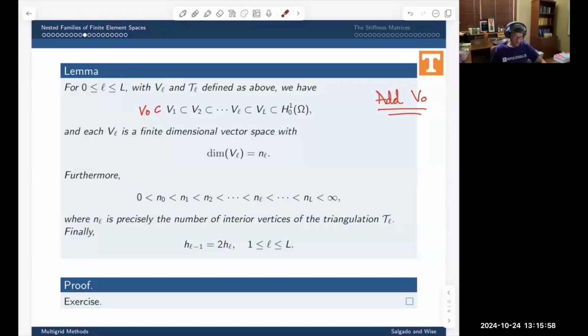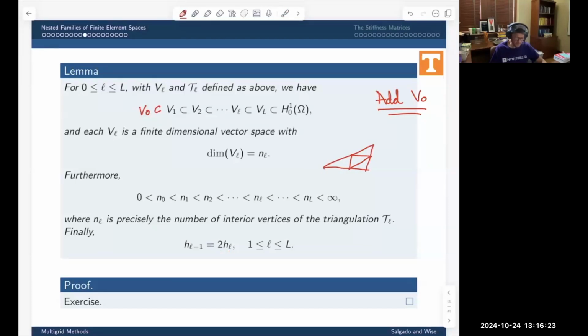We always also have this nested structure for our mesh sizes. H_{L-1} is always 2 times larger than H_L. This is a very simple fact related to the fact that every time we do a refinement of a coarse parent, we get 4 children in 2D.